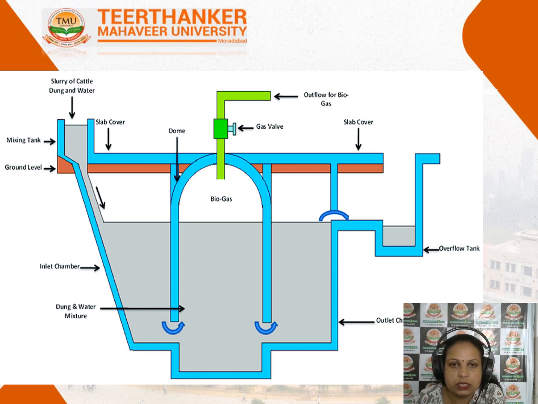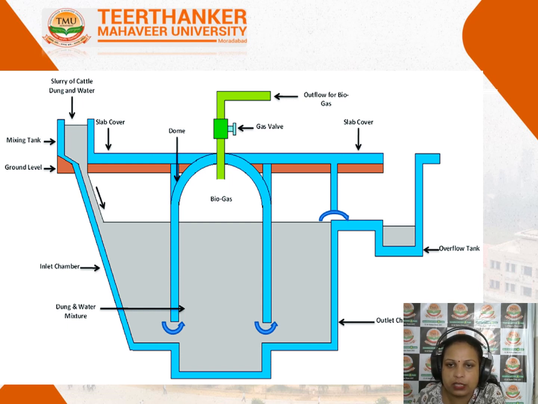The slurry is prepared here in the mixing tank. This slurry is allowed to move through the inlet chamber into the digester tank. In the digester tank, the slurry remains for about 2 months, and during this period anaerobic fermentation by the bacteria takes place and the biogas is produced.